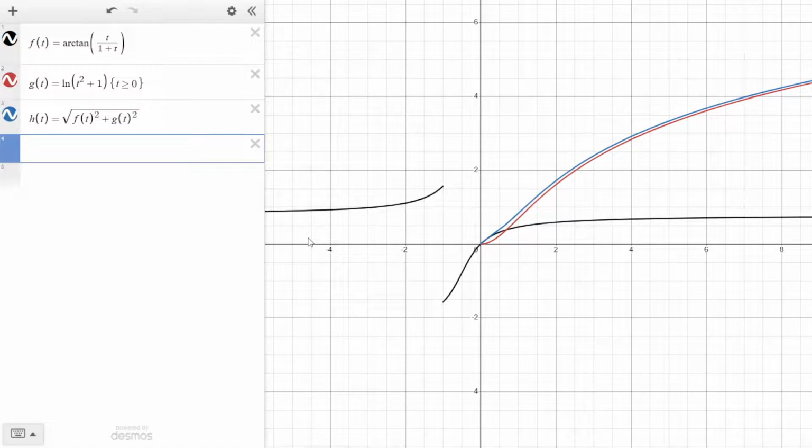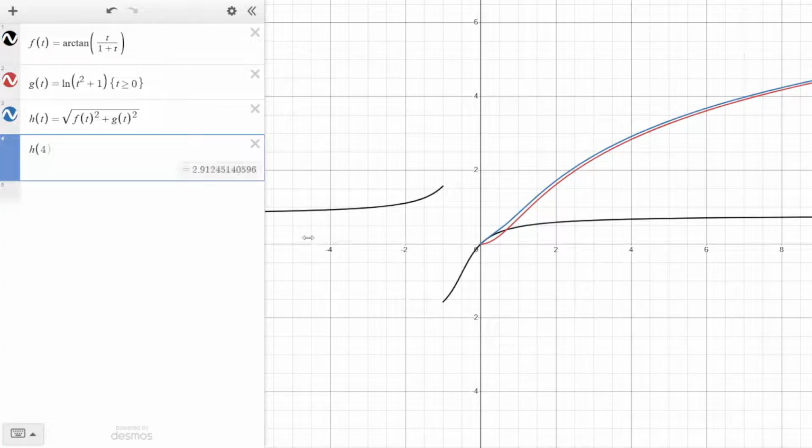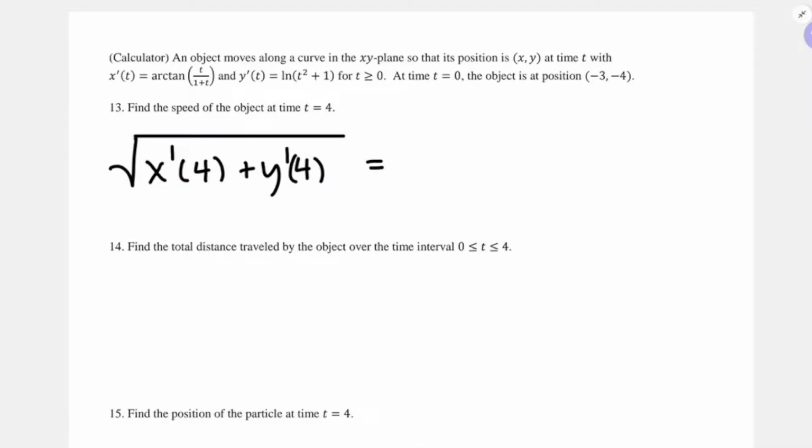And then we're interested in h of 4, which is going to be 2.912. Right, but now we have that issue. I did not square them right there, so I'm going to fix that and report my answer, 2.912.